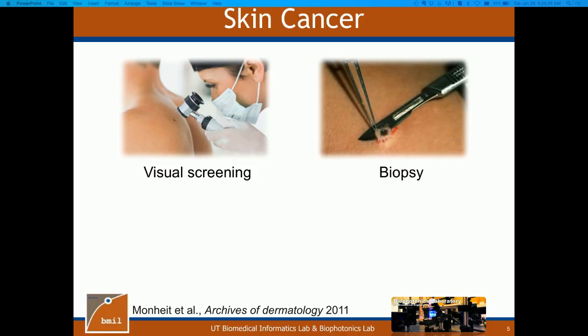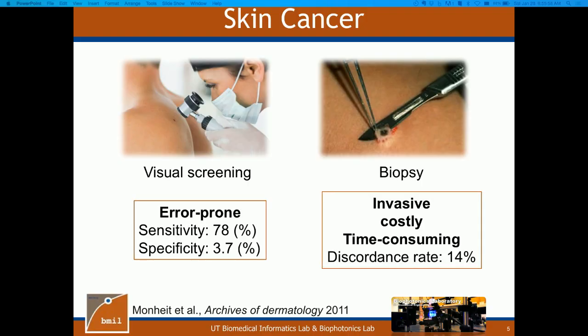Currently, skin cancer diagnosis is accomplished by visual screening and biopsy. However, visual screening is not accurate enough. The low specificity leads to many unnecessary biopsies, which wastes lots of time and money. In addition, the discordance rate among pathologists is reported to be 14%.